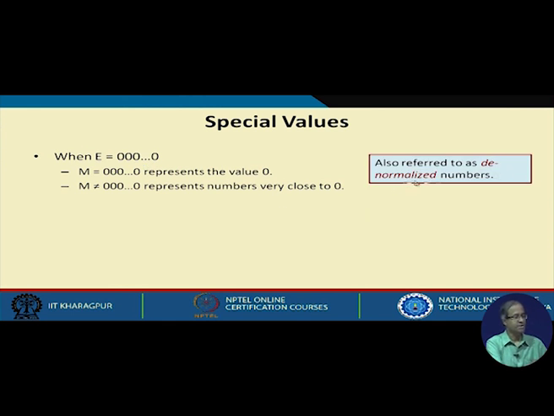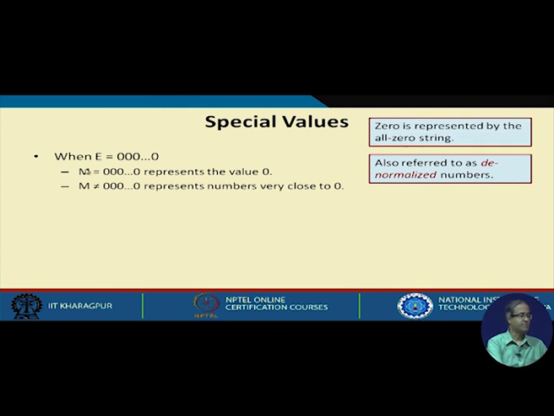These are sometimes called denormalized numbers, because you do not have a 1 at all, you cannot make the first bit 1. So, for these denormalized numbers, your exponent has to be all 0, meaning that this is a special kind of number where the mandatory requirement of the first bit of the mantissa being 1 is not to be assumed. And 0 is represented by the all 0 string, as I had said.